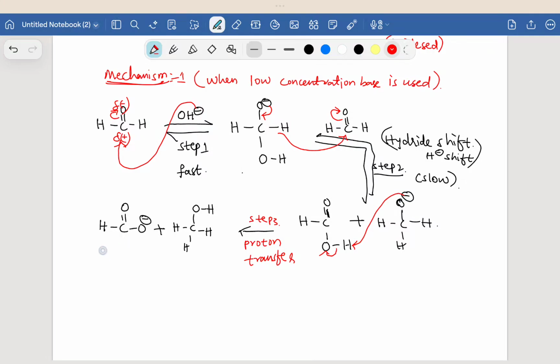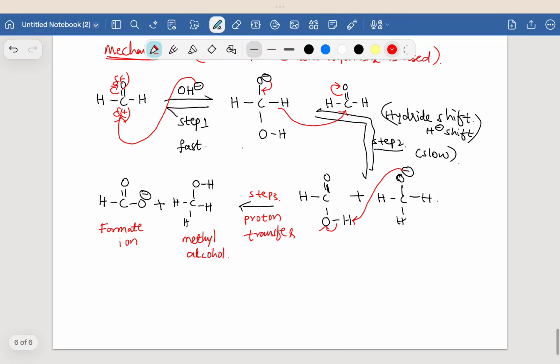What is this? Salt, right? Formate ion, right? Formate ion. And this one is methyl alcohol, as I told you. Now in this one, which one is oxidized and which one is reduced?